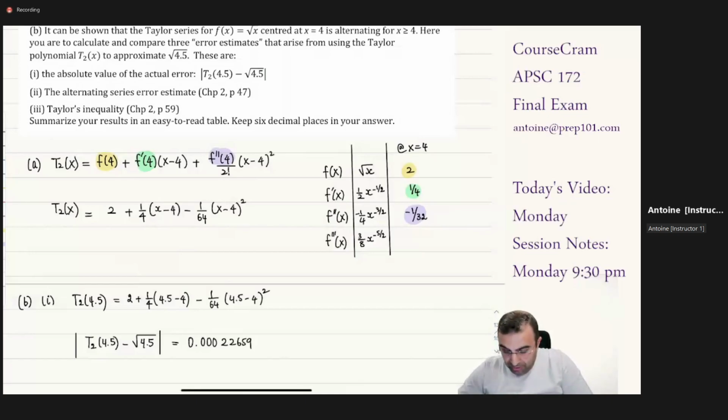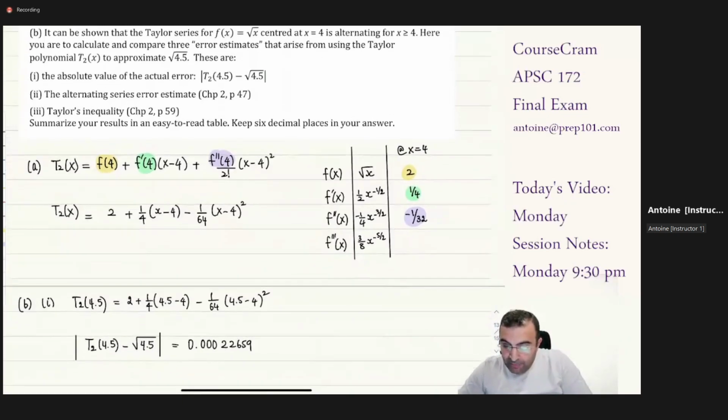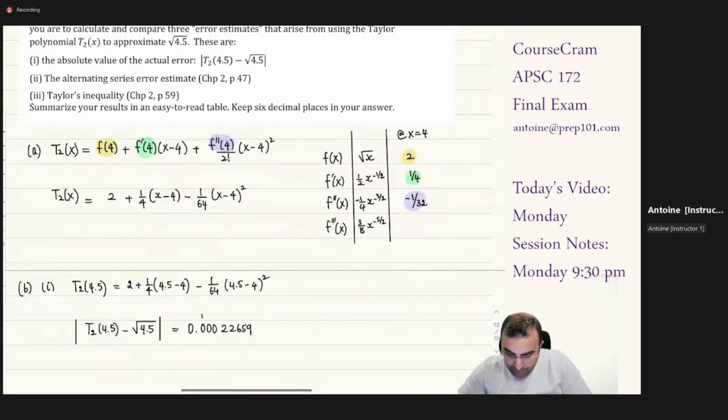Hold on, keep 6 decimal places: 1, 2, 3, 4, 5, 6. So 0.000227.